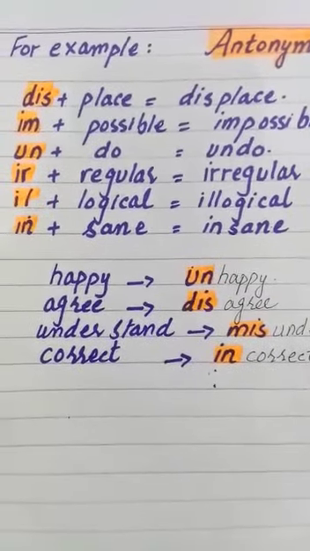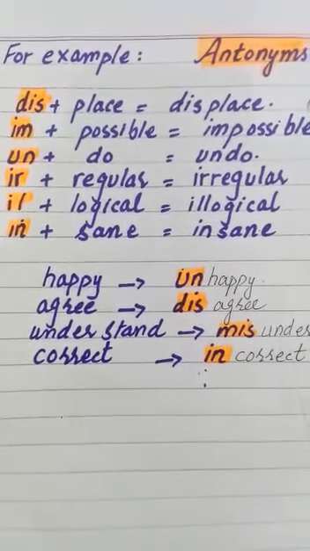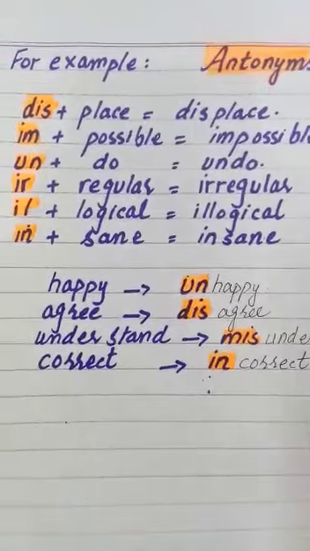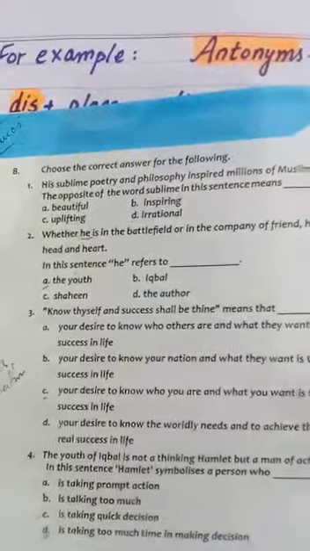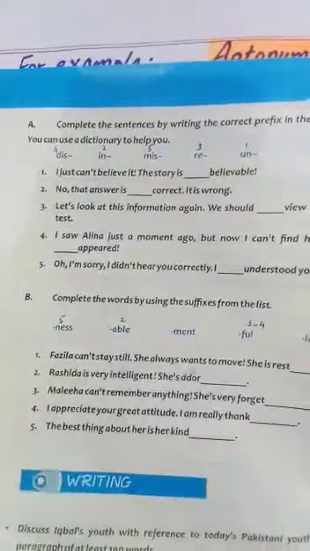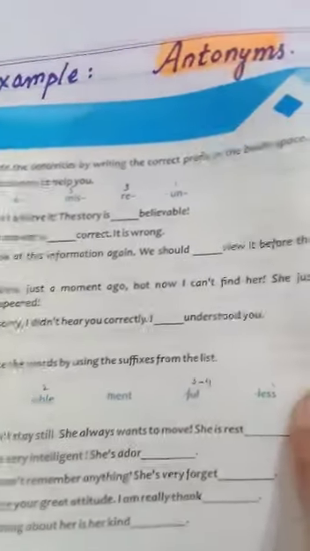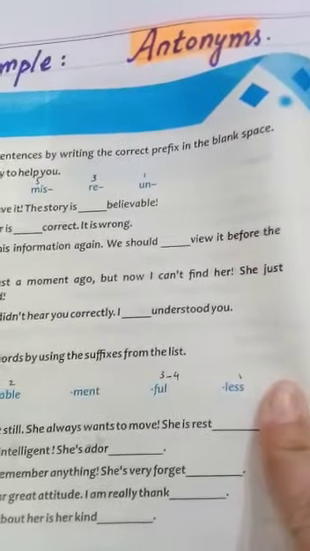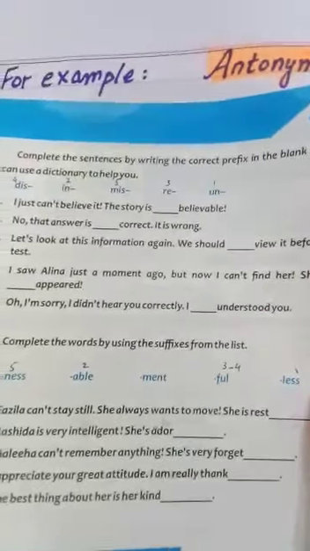Okay, dear students, now see the exercise on your page number 19, exercise A. Your exercise A is about, complete the sentences by writing the correct prefix in the blank spaces.